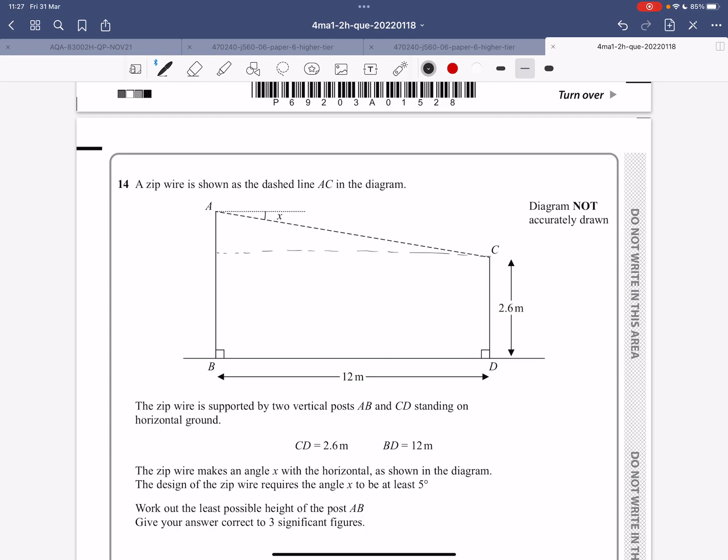Just sketching and thinking at the same time. So this is 2.6 here. That's 12 there. That's an X there. The angle needs to be at least 5.